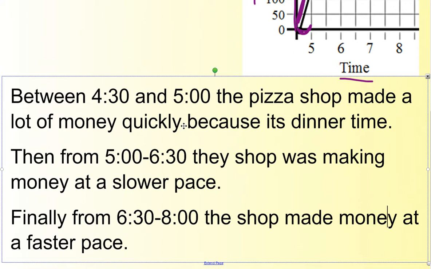Then it says here, from 5 o'clock to 6:30, the shop was making money at a slower pace. Well, why? Dinner time's done. They're done with the dinner rush. Because on Friday people want to get home early. They're not eating dinner as late.